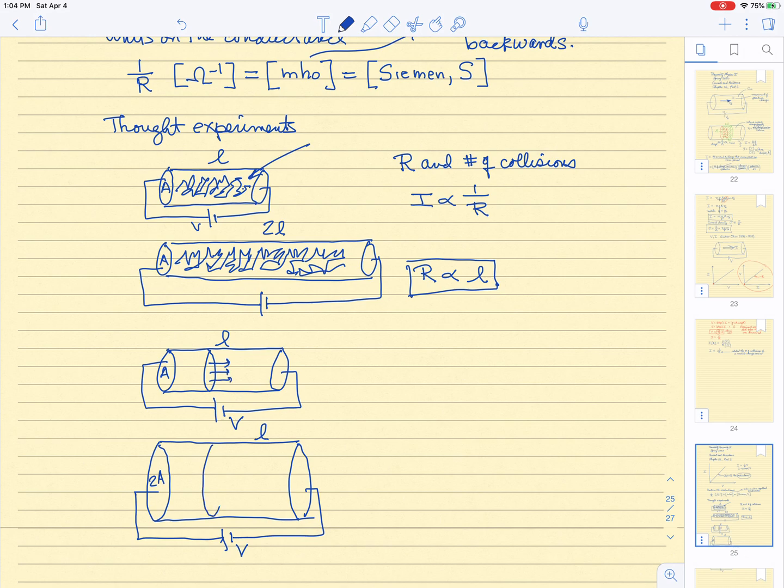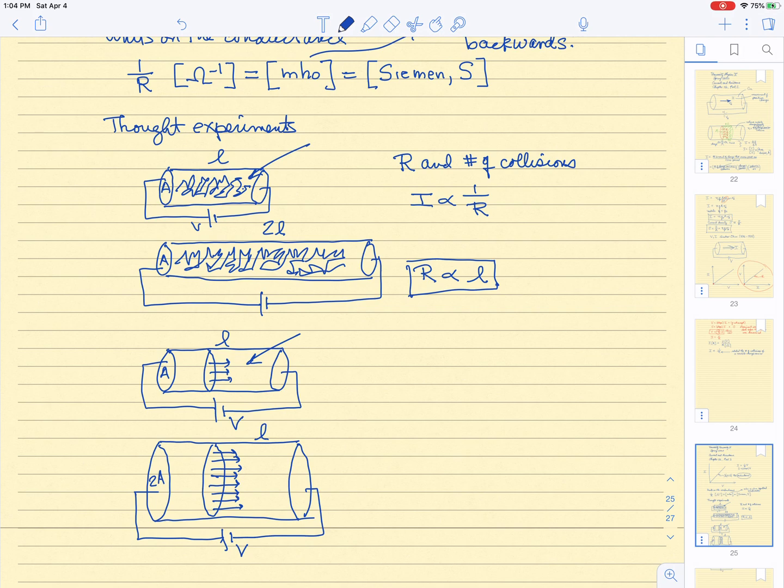And I hope it's clear to you that if I were to have a bazillion charges move past me per unit time in this conductor, then I would have 2 bazillion charges move past me in this conductor in the same amount of time.